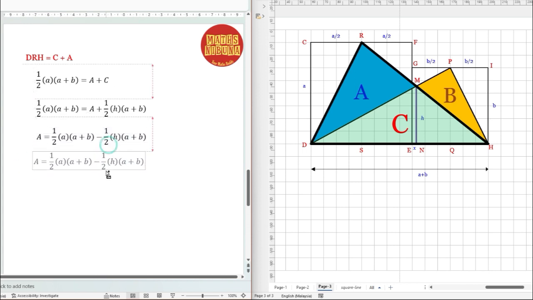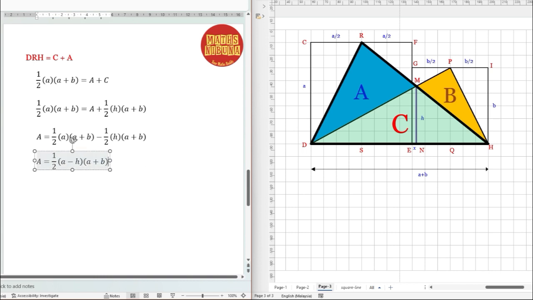Then when I reduce it, this is equal to A minus h, A plus B. This is my A.